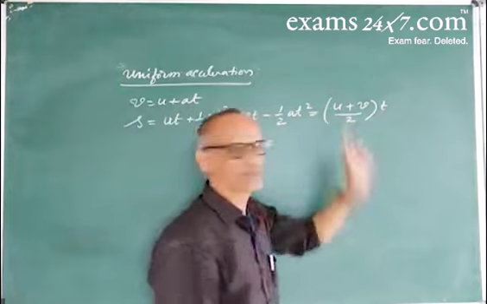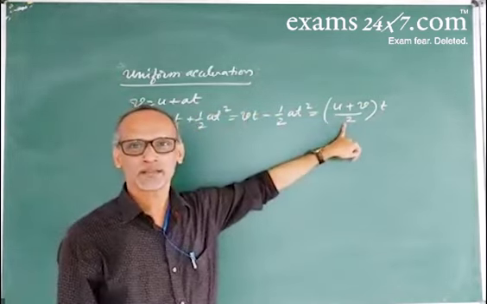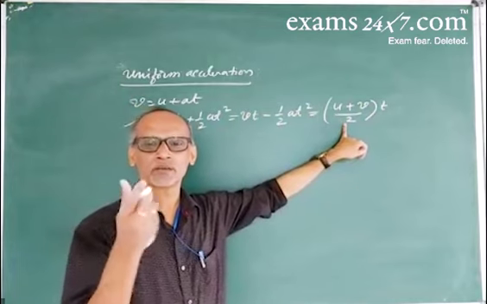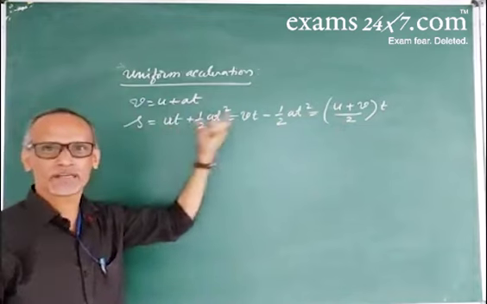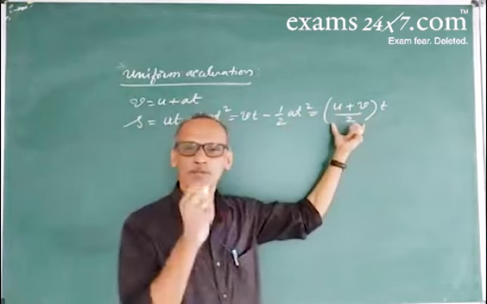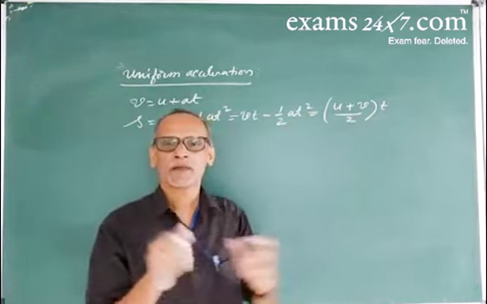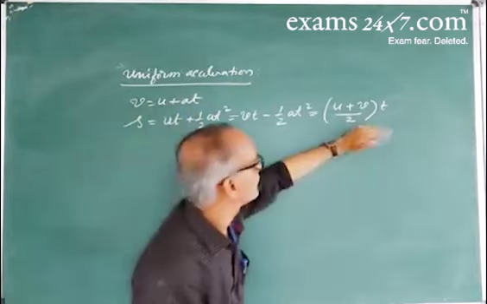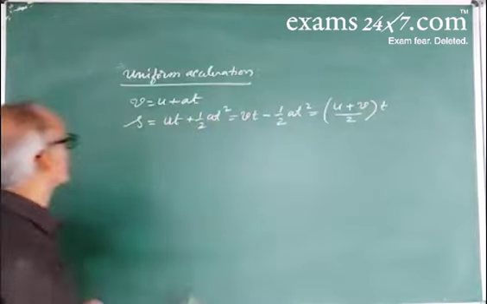So this is the average value. Now, the advantage of this particular equation is that we don't have to use the quantity acceleration. Check this here. We have used acceleration here. We have used acceleration. So this is the only equation where we don't use the acceleration term. So that's why, to avoid calculating acceleration, we go for that last format, s is equal to u plus v by 2 into t.